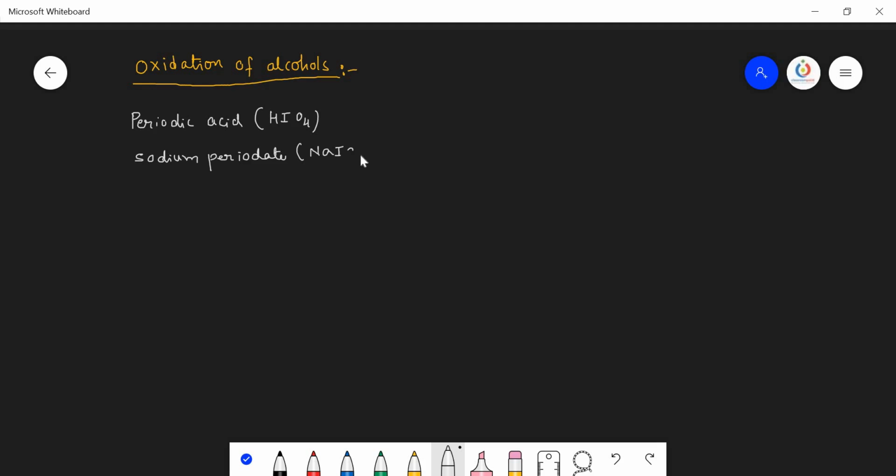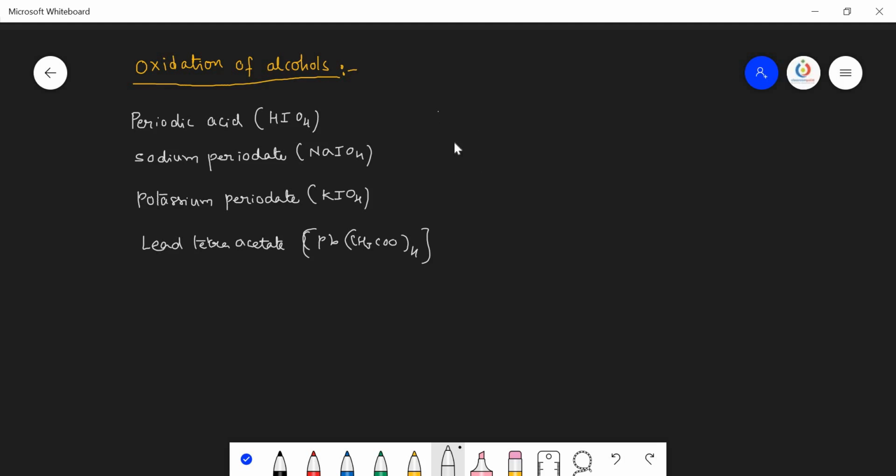So its formula is NaIO4, or else you can use potassium periodate, KIO4, or else you can use lead tetraacetate, Pb(CH3COO)4. So these reagents will have the same chemical behavior.